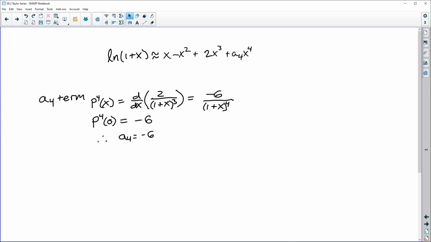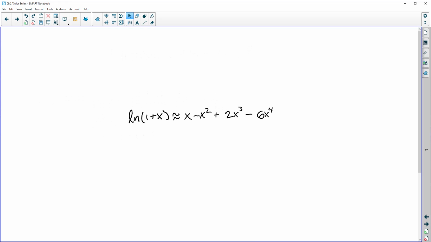Finally, the fourth term gives us a -3 times 2, allowing us to claim that a4 needs to be -6. So the final approximation for the natural log of 1 plus x is approximately x minus x squared plus 2x cubed minus 6x to the fourth.